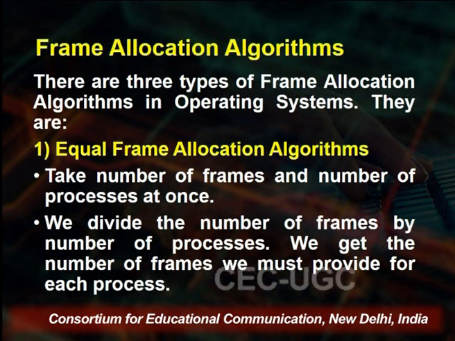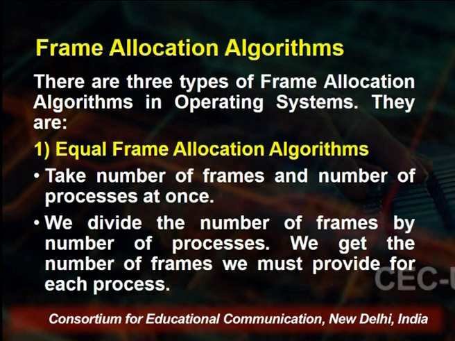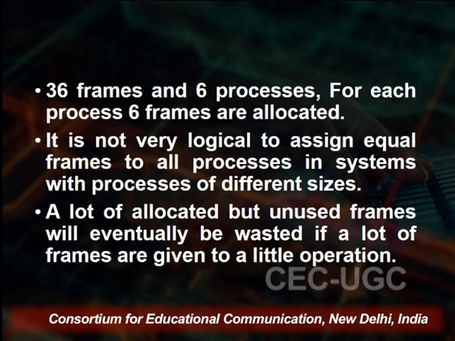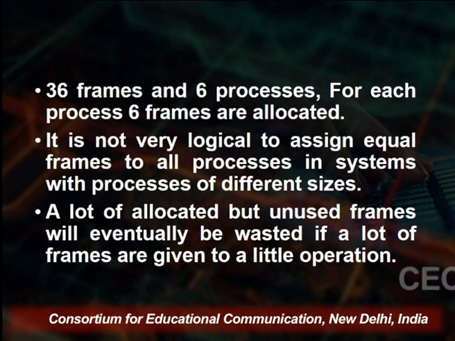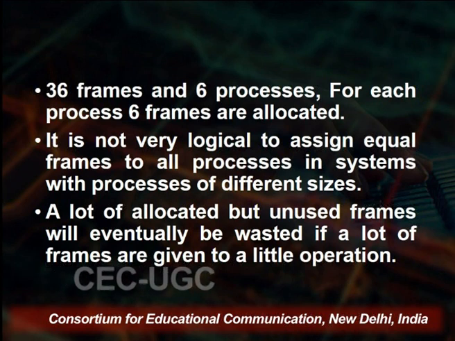So x divided by n will be the number of frames given to each and every process. Simply divide the total number of frames by the number of processes, and that number is provided for each process. So with 36 frames and 6 processes, we are going to have 6 frames for each one.